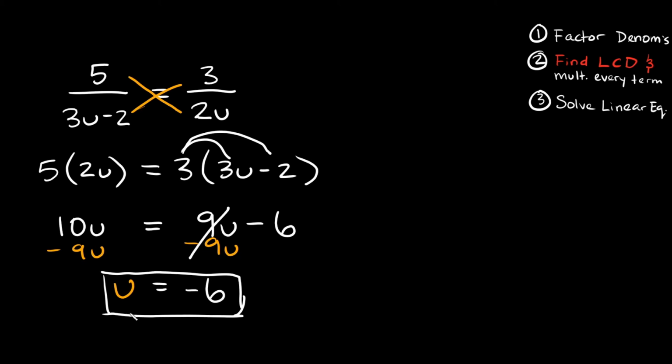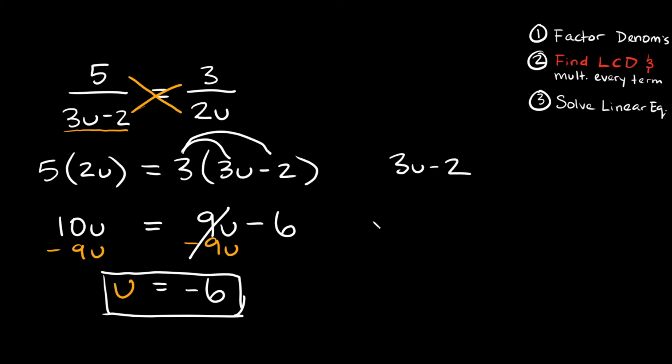All right, now again, all you want to do is take your solution and plug it into your denominators and make sure you don't get a 0, okay? Because if you do get a 0, that means it's an extraneous solution, right? So first of all, let's plug it into this denominator right here. Let's write it off to the side. 3u minus 2, okay?